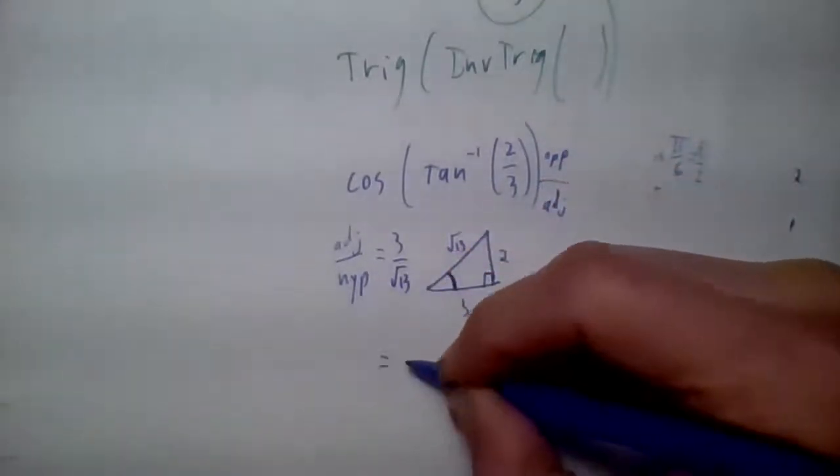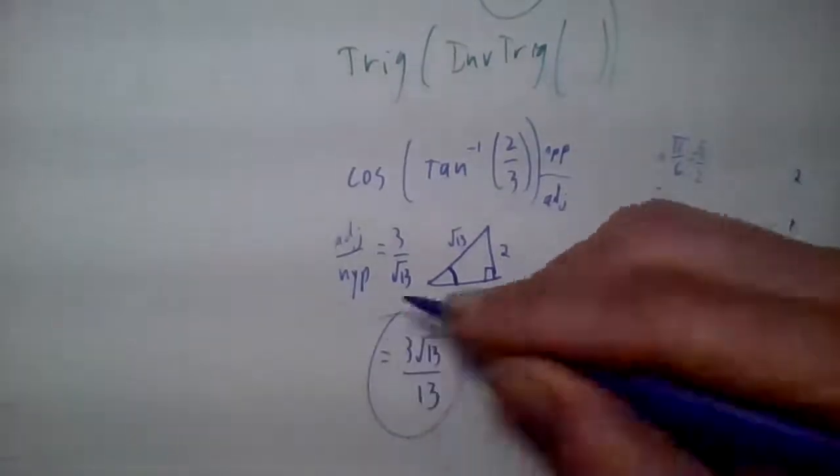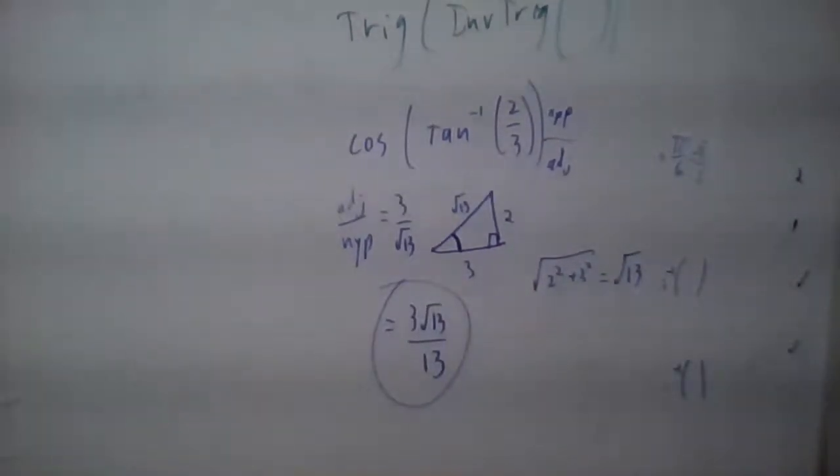Or if you rationalize the denominator there, 3 radical 13 over 13. So those can all be done with a little right triangle. I don't even try to draw it nicely or anything, but just understanding the two sides that you're given and figuring the third side. And then remembering your SOHCAHTOA stuff, you can work your way through any of those.